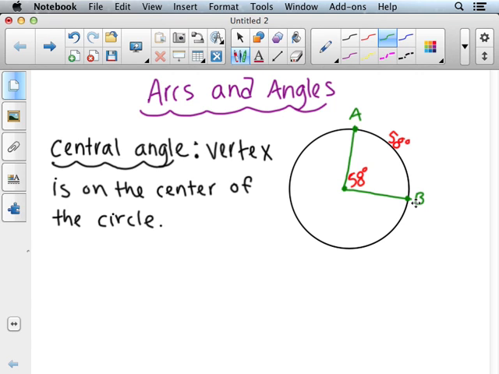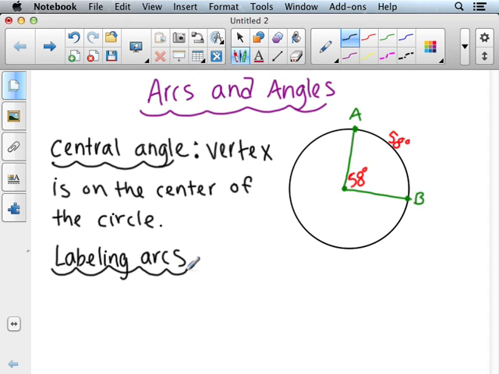So when you're labeling arcs, you label a minor arc with 2 points and the little arch over top, and you label a major arc with 3 points.